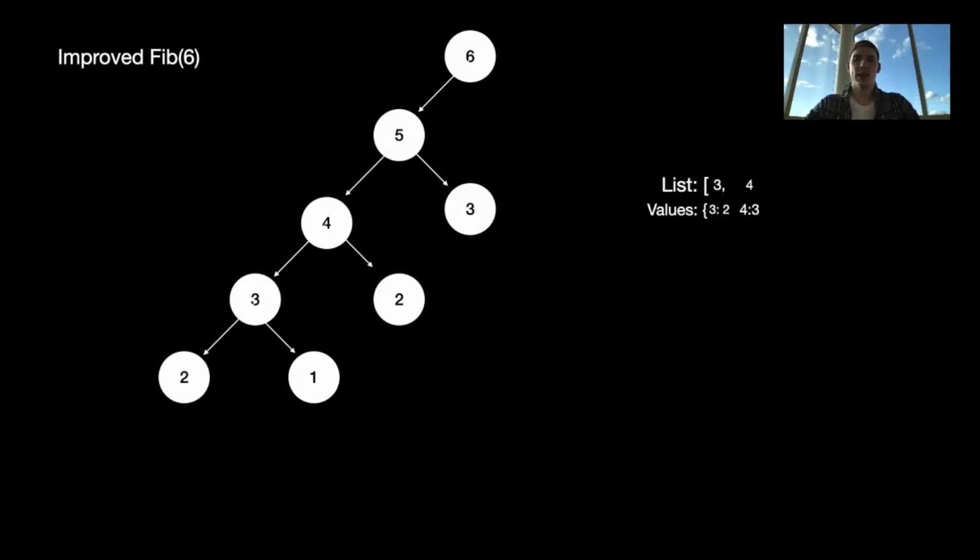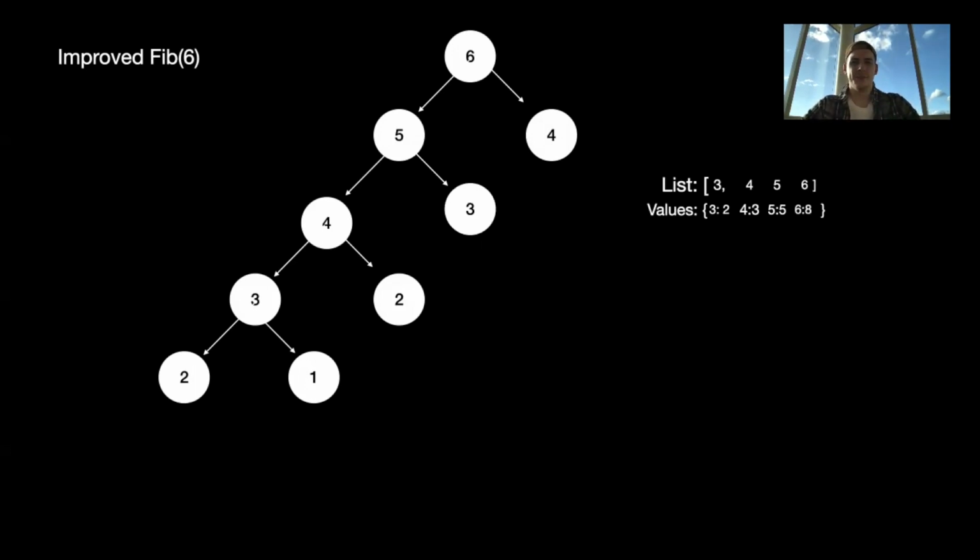And so we don't need to use a recursive call at all. We can just get the value from the dictionary. And so we add those values, and then we go to 6's right subtree, and it's the same case. 4 is already in the list. Therefore, we already have its value.